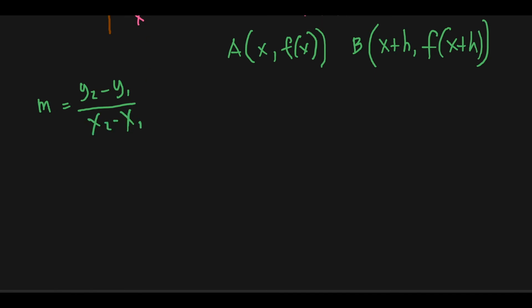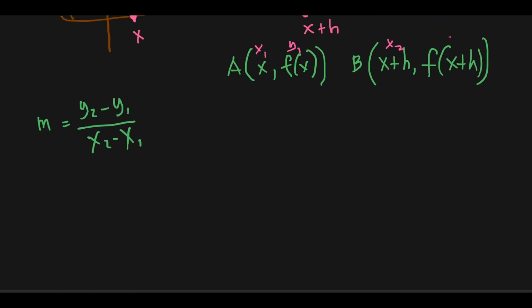And for convenience, I will label that here in our points. So this will be represented by x sub 1, y sub 1, and this is x sub 2, and this is y sub 2.